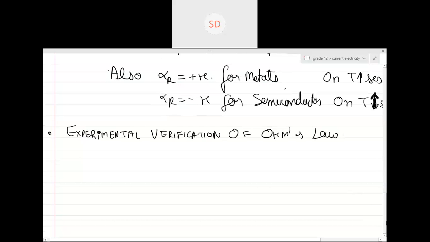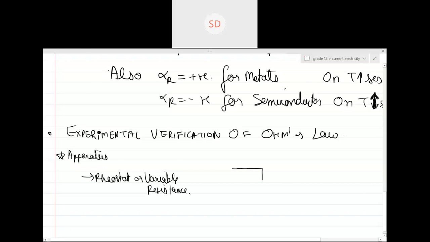Now see guys, first of all, in case of Ohm's law verification, what are the devices used? Apparatus required: a rheostat or a variable resistance. You understand what a rheostat is?